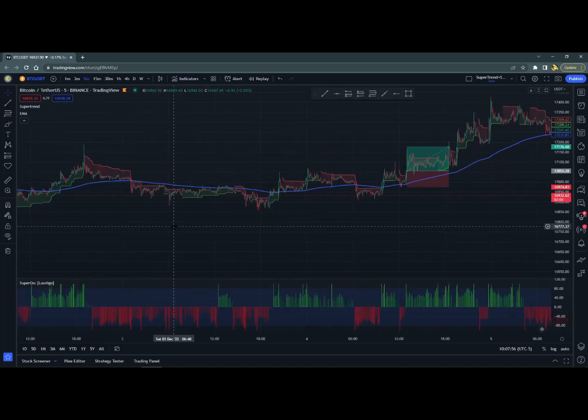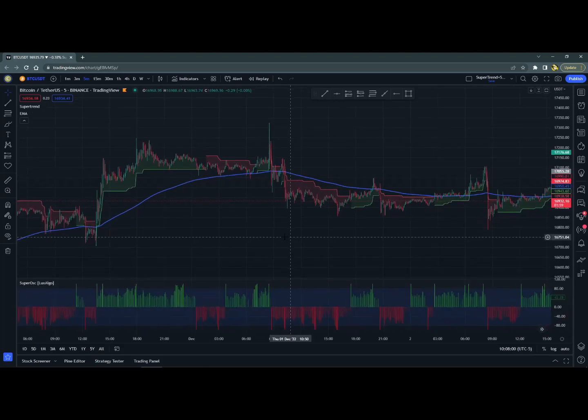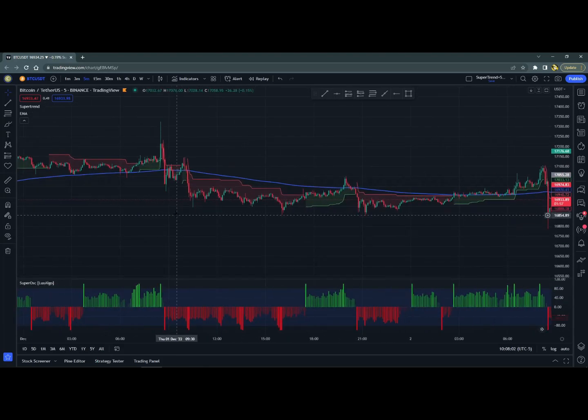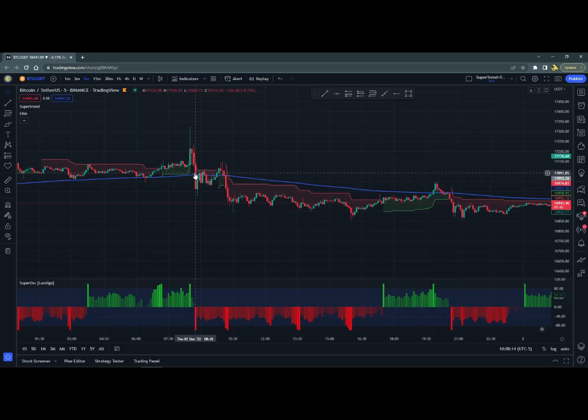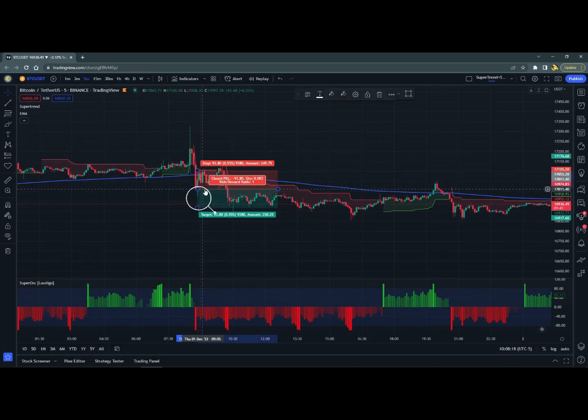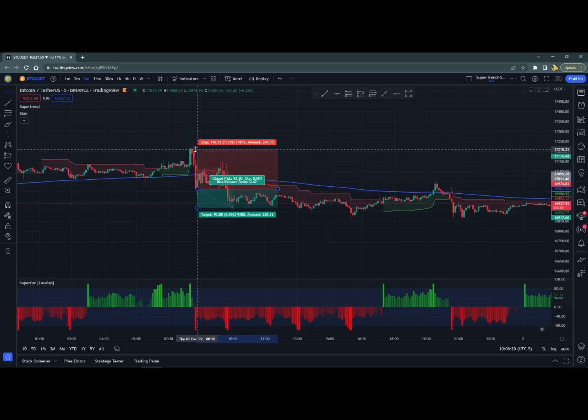Let's find ourselves a short position. So we look right here, we see there is a bright red candle printed on the SuperTrend oscillator. We see a red candle here that's below the 200 period moving average, and the SuperTrend, I know it's kind of tough to see, is also red. That is a good position to get in. We set our short position here, we go right up to the swing high, and then we do a 1 to 1.5.